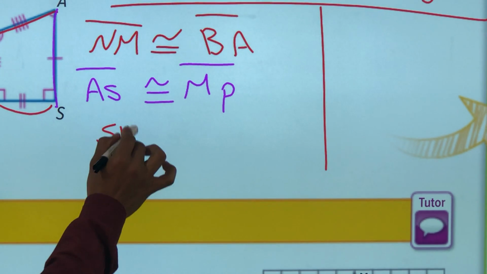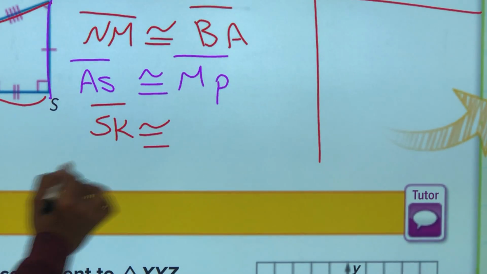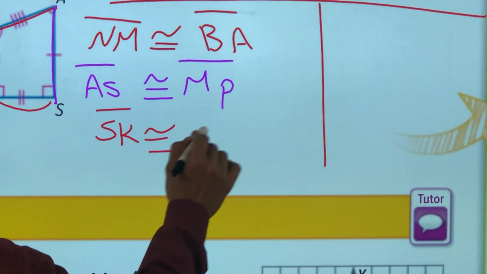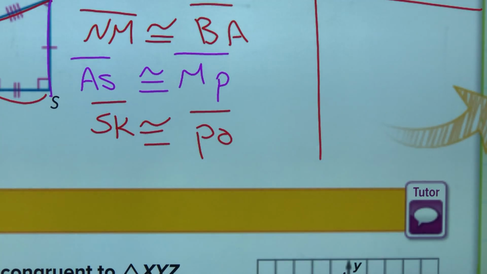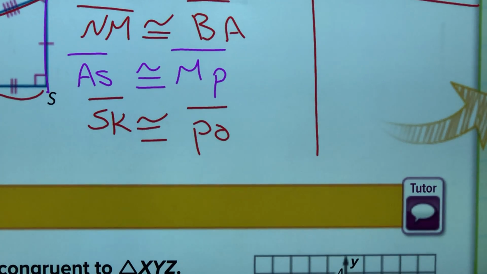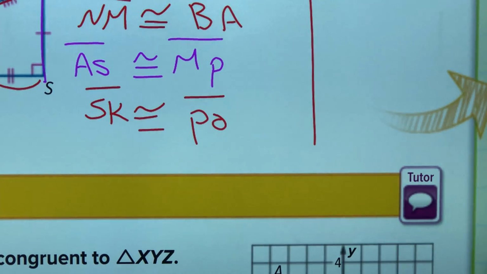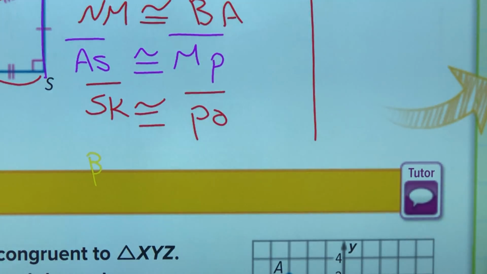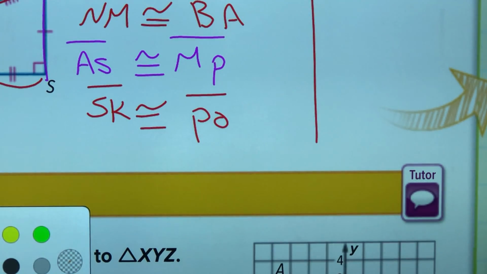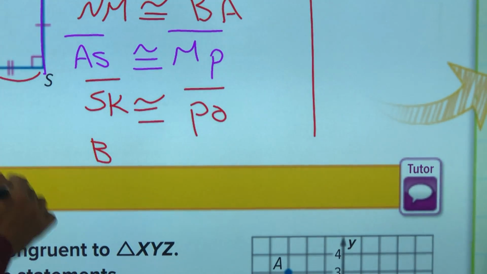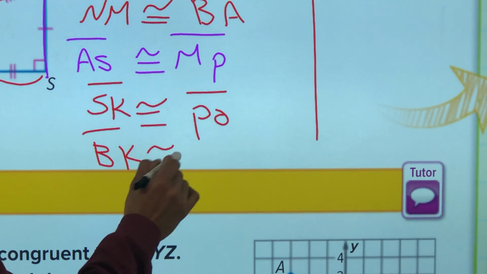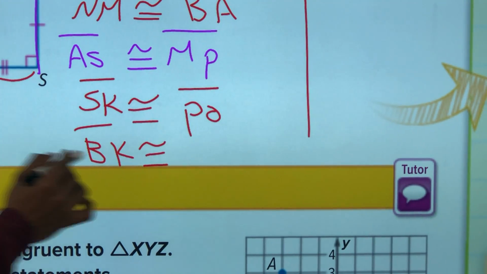So SK is congruent to PO. And the last side, BK, is congruent to NO.